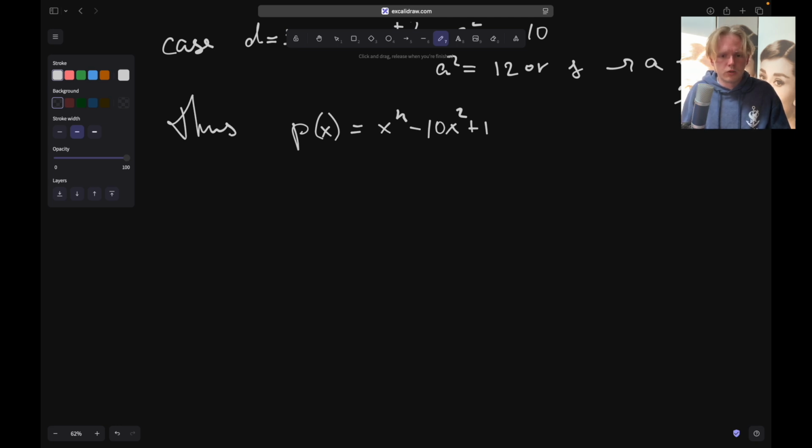The way you do it, you take d over 4, and d over 4 is 5 squared minus this times this, so 25 minus 1 is 24, or it's 4 times 6, or it's 2 times root of 3 squared, root of 6 squared.